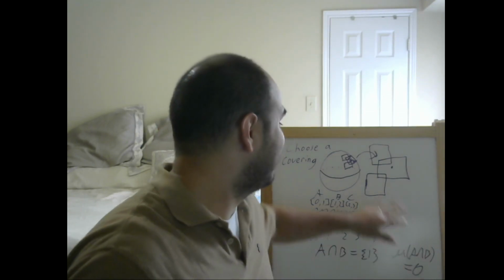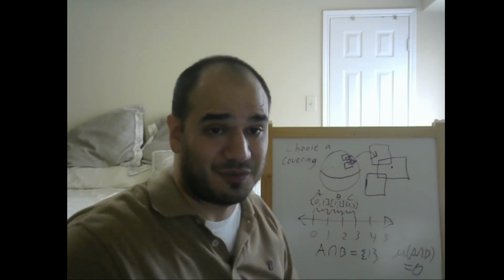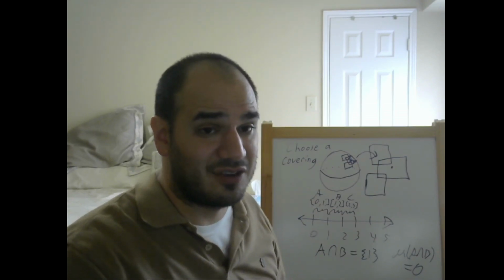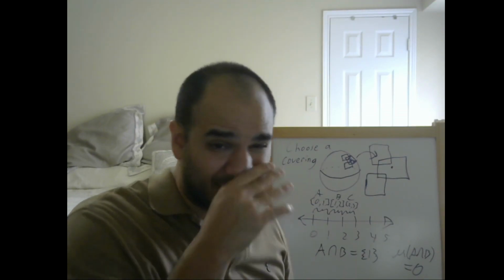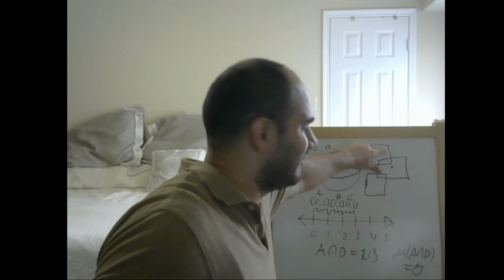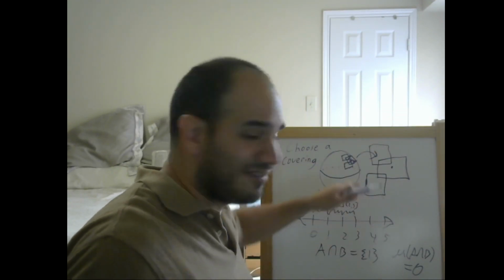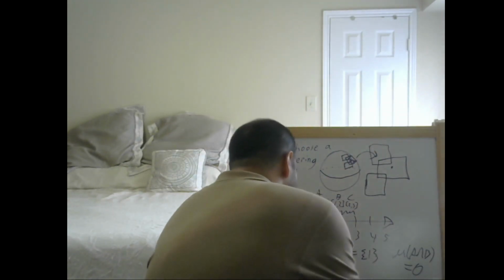So one is to just correct this. You start with some covering, and then you go back and you remove the parts that were counted twice. So this map now gets updated to have like a panhandle, basically.